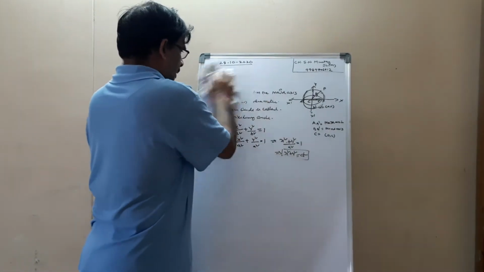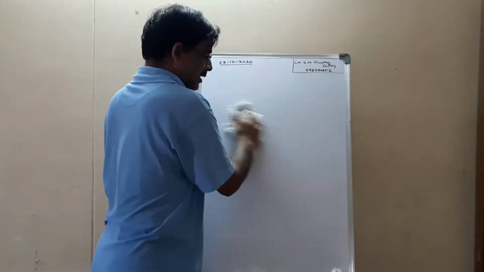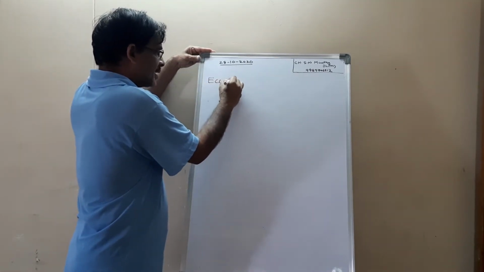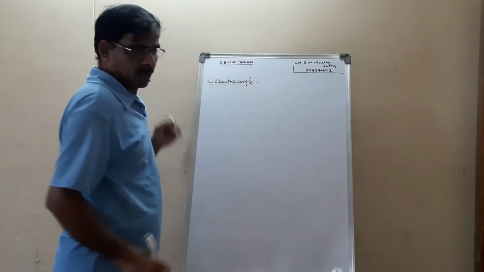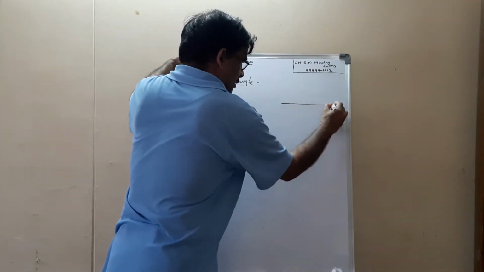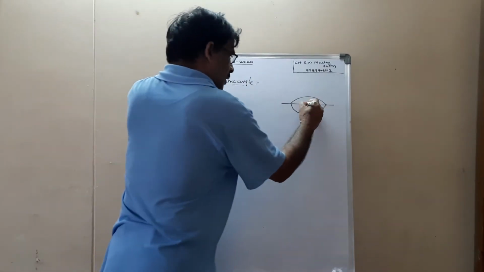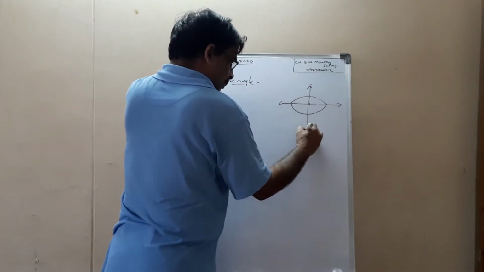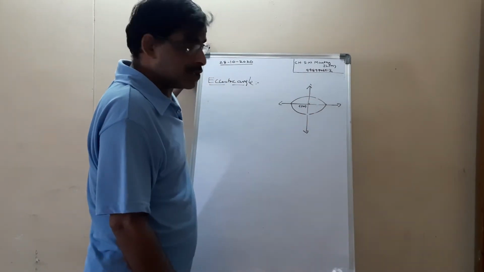Eccentric angle. What is eccentric angle? See here, again, you take an ellipse. These two axes are intersecting at a point C. You know the coordinates of the center of the ellipse are 0, 0.